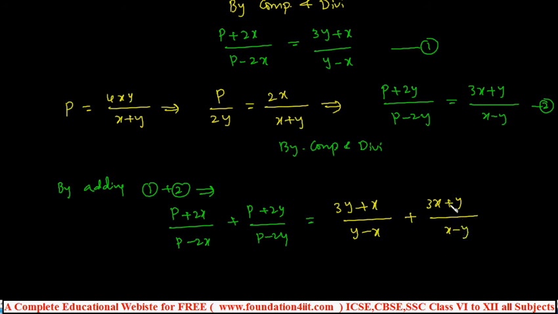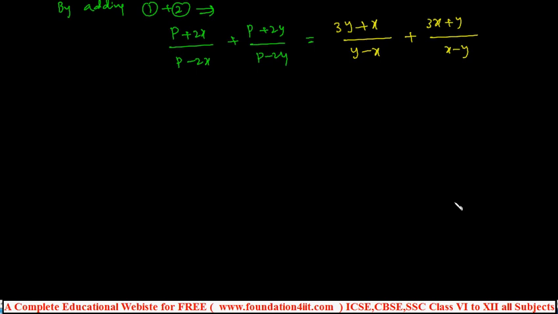Right? From this we can simplify to find the value. Here is 3y plus x by y minus x. For x minus y, if I want to take y minus x, you can change the sign here: minus of 3x plus y by y minus x. See here, the denominator is x minus y. If you want to change this x minus y to become y minus x, change this sign. That's it, simple.